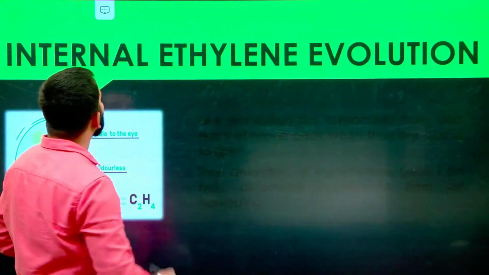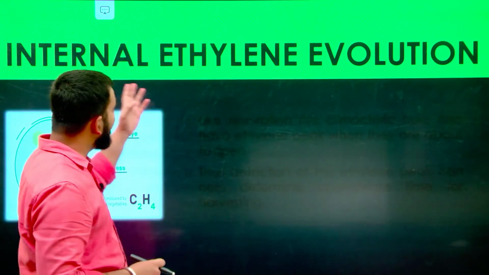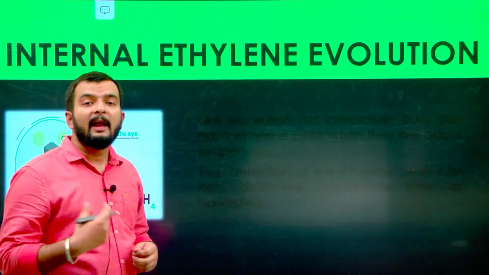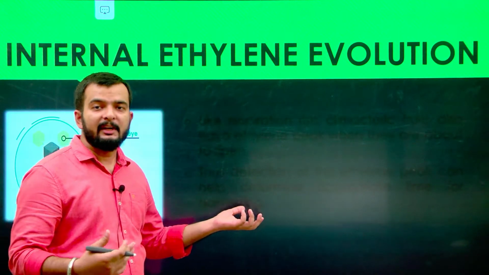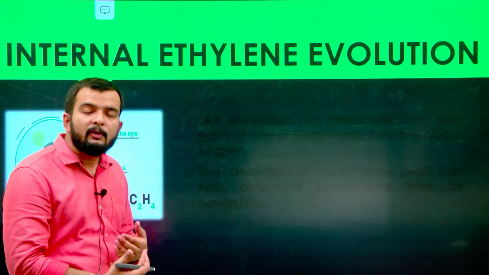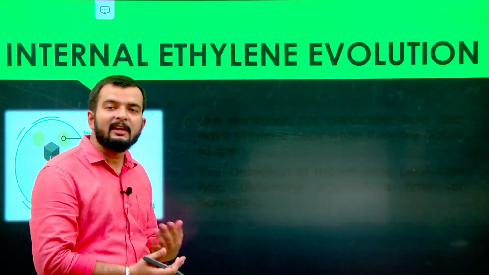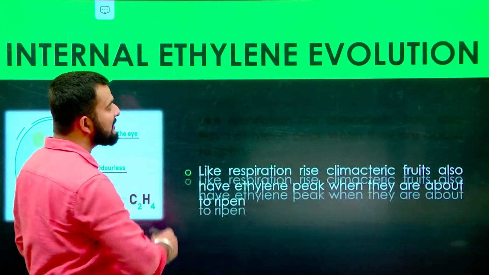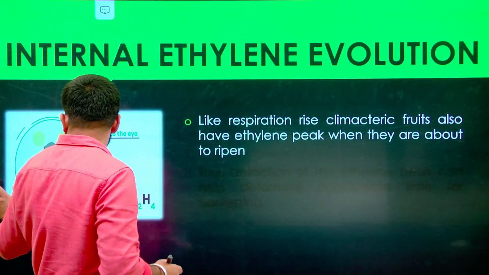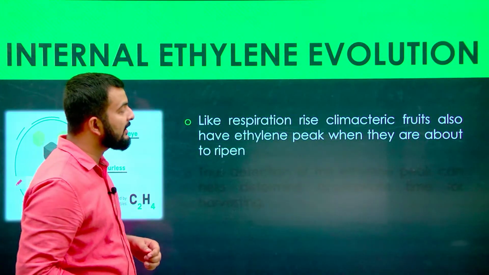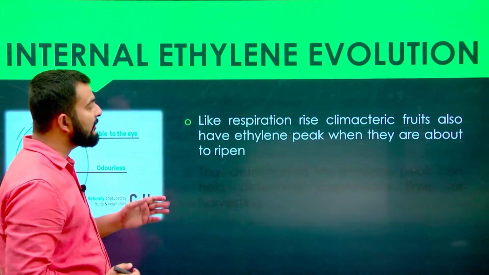So next we will see internal ethylene evolution. Plants give out ethylene for their ripening. When the plant starts to give out ethylene, that means ripening is occurring, or your plant is completely mature for ripeness. Like the respiration rise, climacteric fruits also have an ethylene peak.